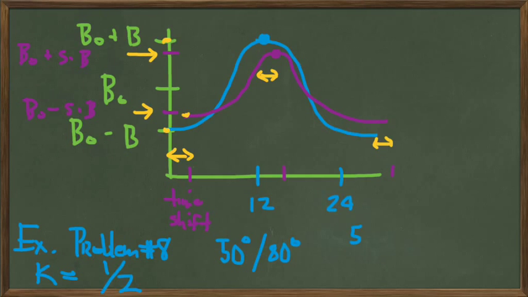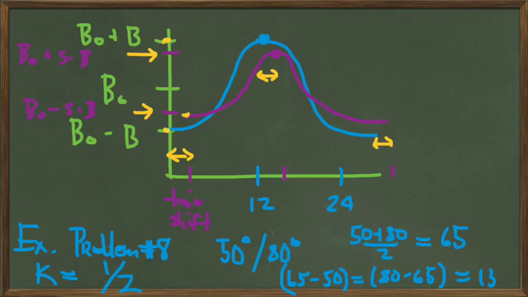average outside temperature would be the min plus the max divided by 2, 130 divided by 2, which would be 60. The swing temperature would be either the difference between that average temperature and the low, or the difference between the high and the average, and so the swing temperature is 15 degrees, and that's in our hypothetical chart.